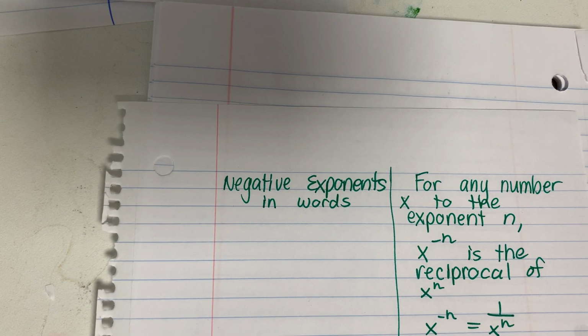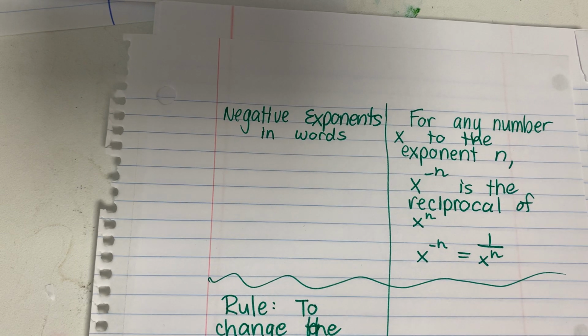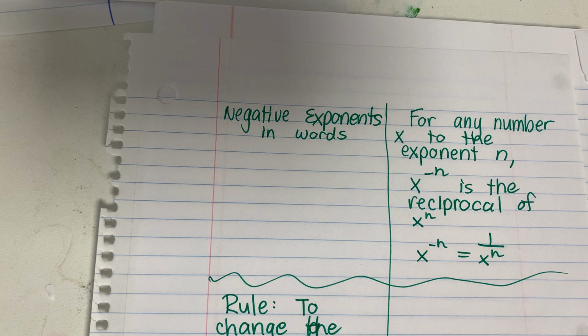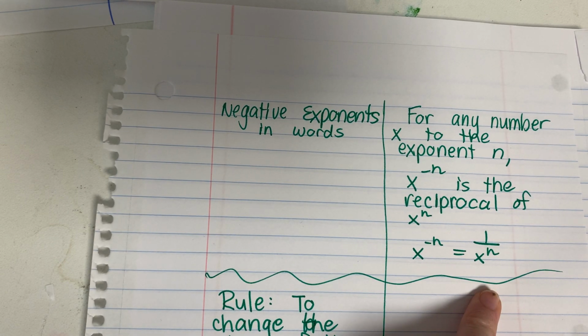We have a lot of examples today, I apologize, but this is kind of a tricky section. So in words, and it doesn't really make sense in words, I know it's kind of tricky. For any number x to the exponent n, x to the negative n is the reciprocal of x to the n. And here's what it looks like. X to the negative n is the same as 1 over x to the n.